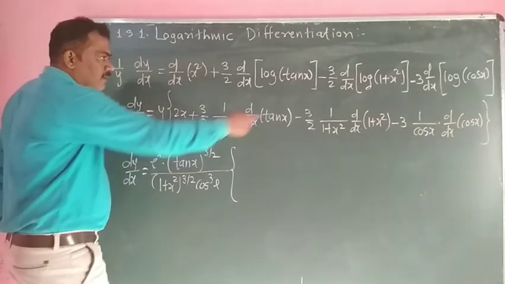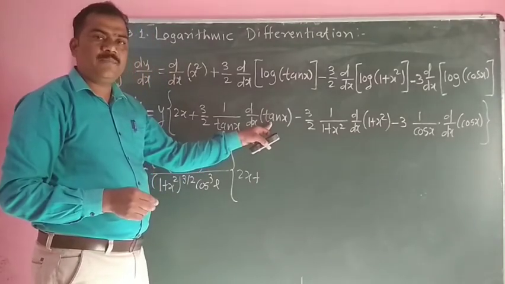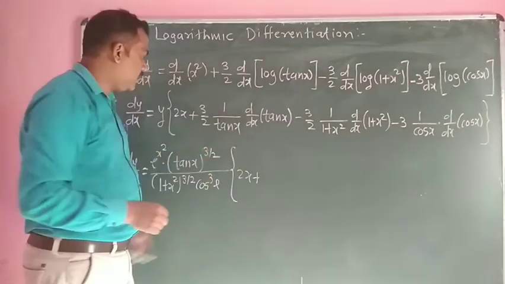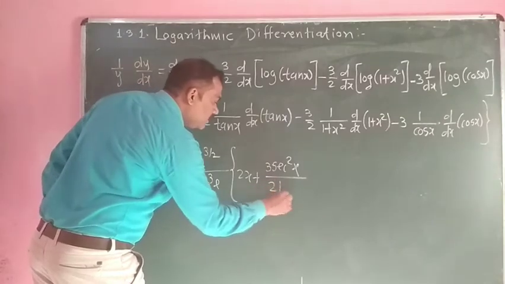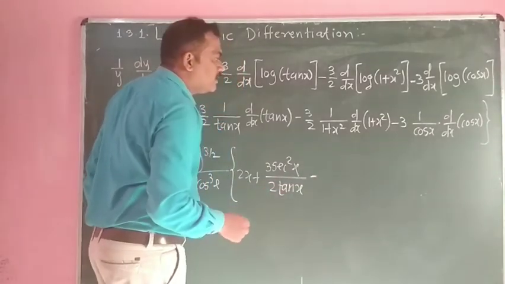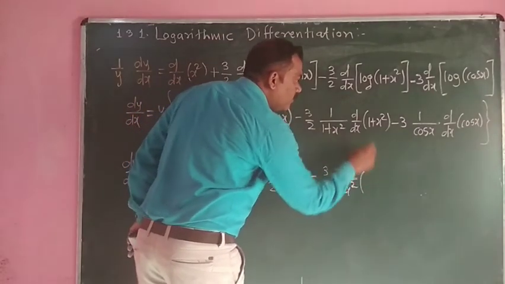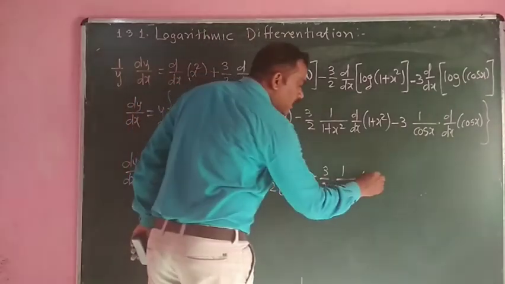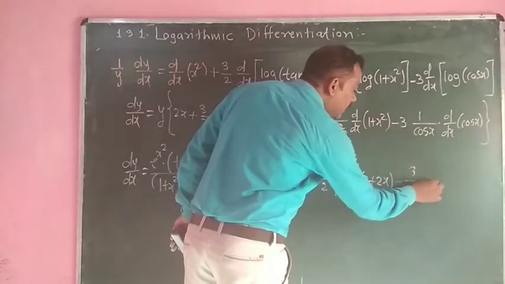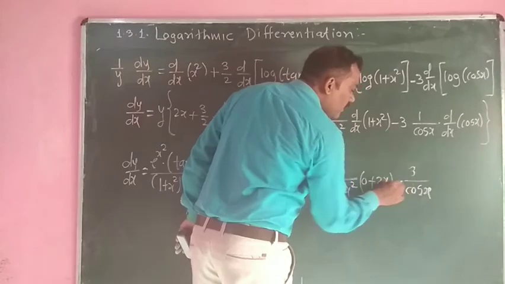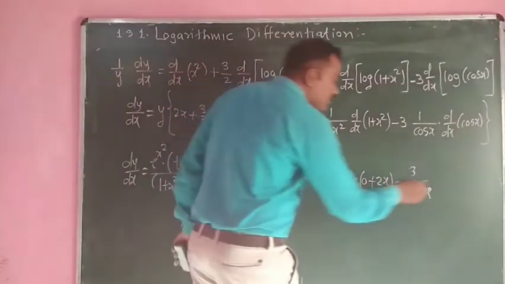Now we can write 2x plus, what is the differentiation of tan x? Differentiation of tan x is sec square x, that is 3 times sec square x divided by 2 times tan x, minus 3 by 2 into 1 upon 1 plus x square into differentiation of 1 is 0 plus differentiation of x square is 2x, minus 3 divided by cos x. Now what is the differentiation of cos x? Differentiation of cos x is minus sin x.